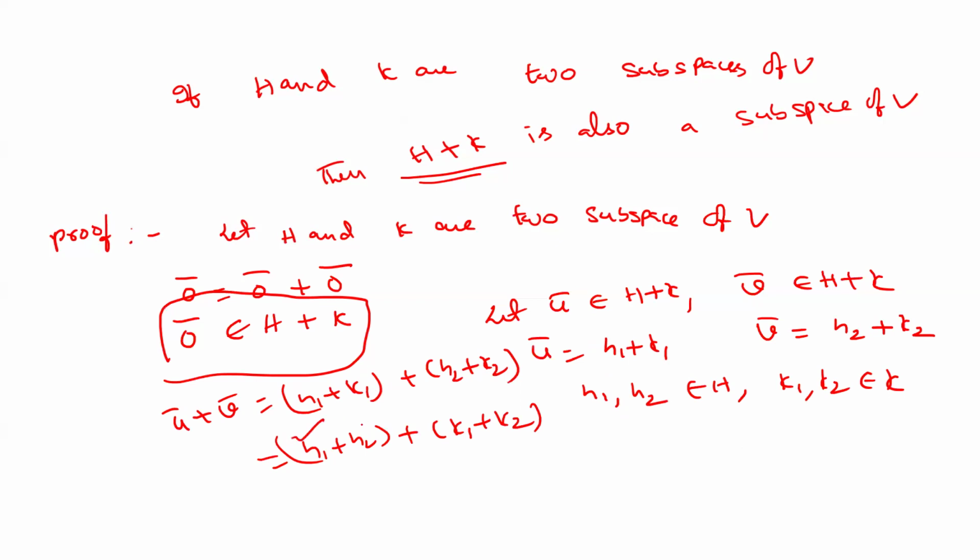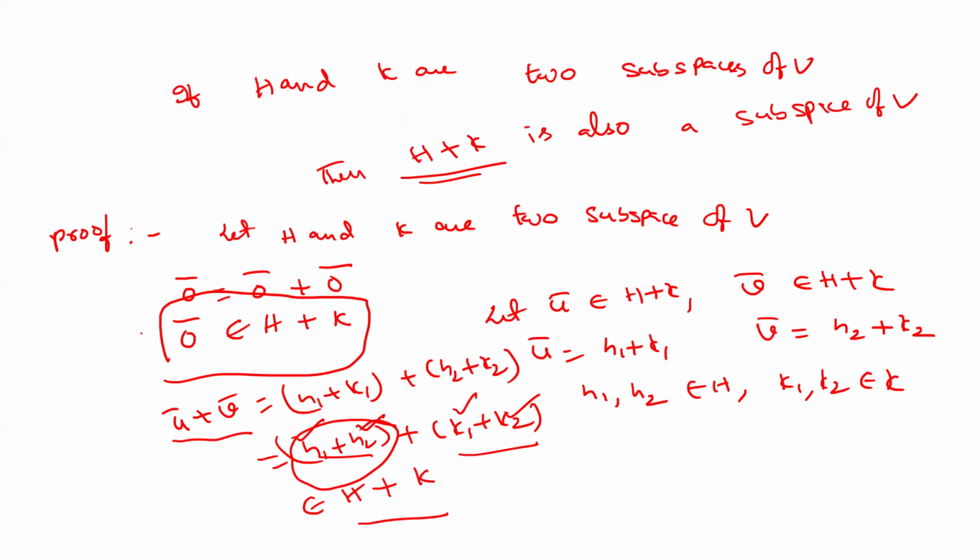H1 is in H, H2 is in H, so H1 plus H2 belongs to H. K1 is in K, K2 is in K, so K1 plus K2 belongs to K. Because they are all subspaces, they are closed under addition. Therefore, u bar plus v bar belongs to H plus K.